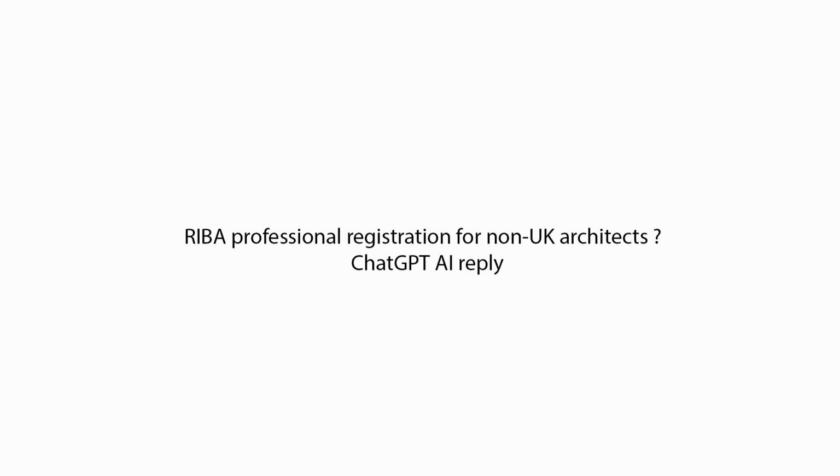8. Structure of the prescribed examination. Part A, written submission, includes academic equivalence, mapping to UK Part 1 and Part 2, portfolio, CV and experience evidence, and personal statements. ARB assesses whether your education plus experience combined meet UK standards. Part B, professional interview, conducted by a panel of UK architects.